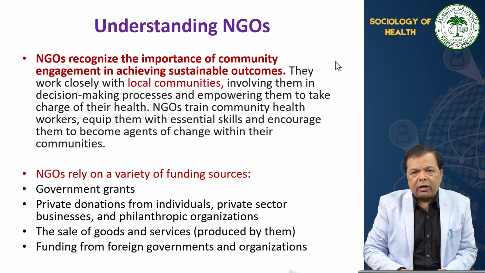It applies to certain NGOs which are operating in the economic sphere, and then sometimes they are also allowed to take or collect funds from the foreign countries or agencies, right? So there are multiple ways through which NGOs can get fund, but in Indian context, a good number of NGOs get funds from the government itself.